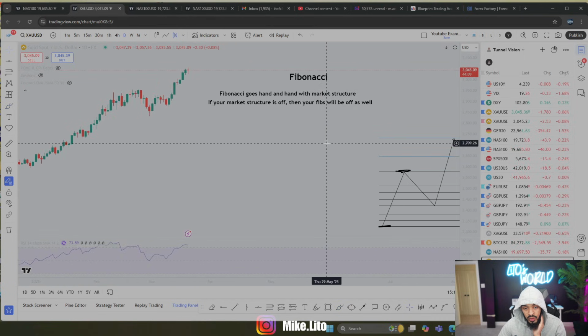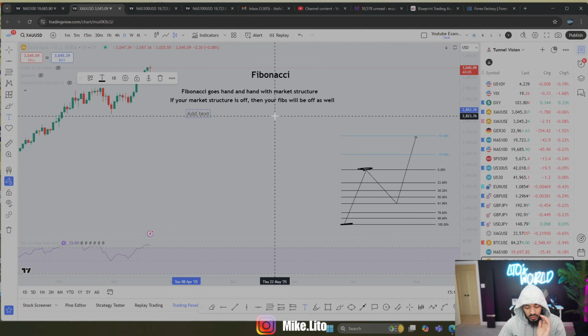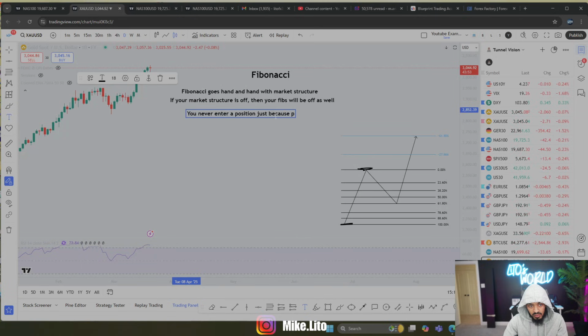Now, when you're looking at this retrace, one thing that you want to be mindful of is you never enter a position just because price retraced to your favorite level.